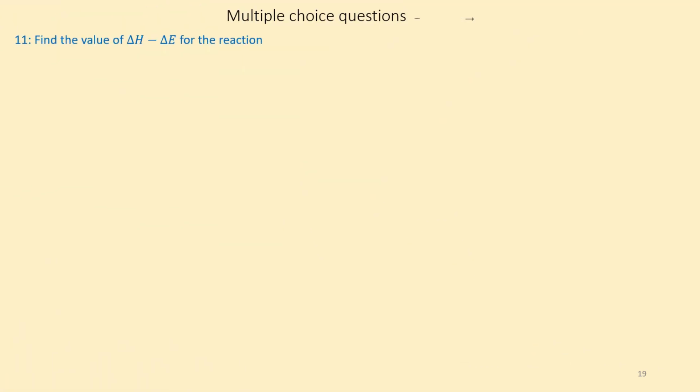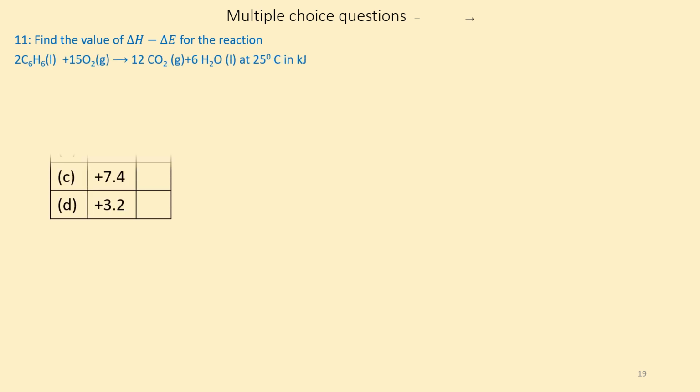Next question. Find the value of delta H minus delta E. Delta E and delta U are both the same; some books write delta E and some places we write delta U for the reaction. The given equation is written on the screen: 2C6H6 in liquid form with 15 oxygen in gaseous form combined to form 12 moles of carbon dioxide gas and 6 moles of H2O in liquid form at 25 degrees centigrade.